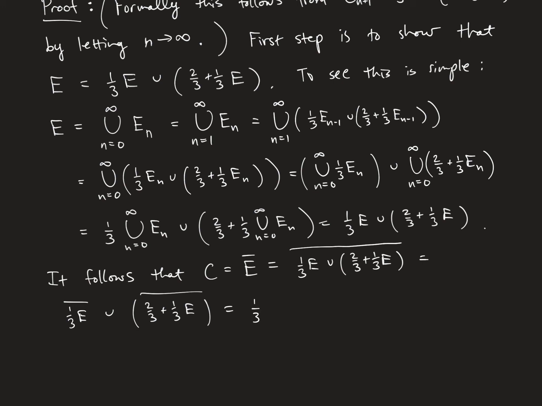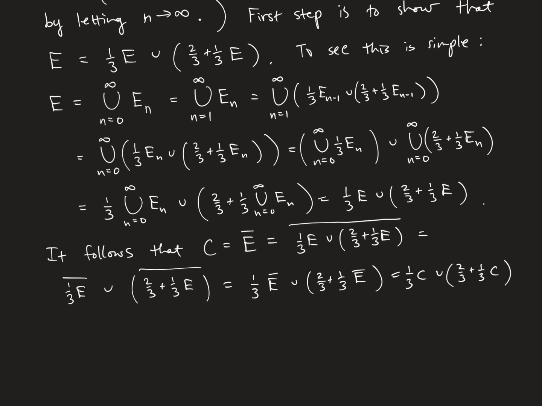So this is just 1/3 E closure union 2/3 plus 1/3 E closure, and that's 1/3 C union 2/3 plus 1/3 C, by using the fact that A union B closure is A closure union B closure.